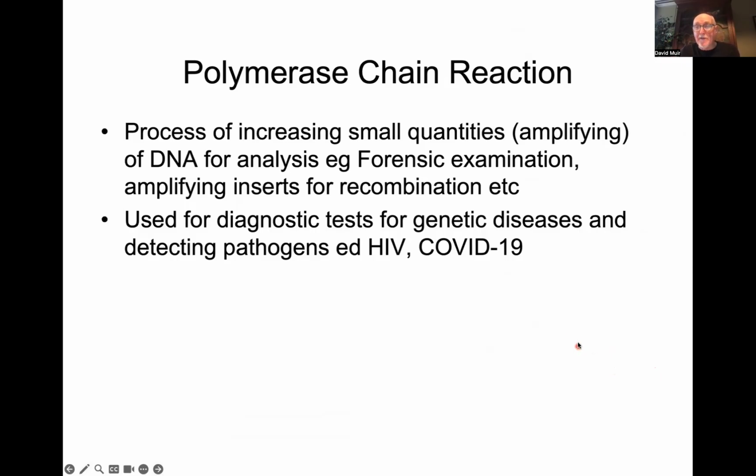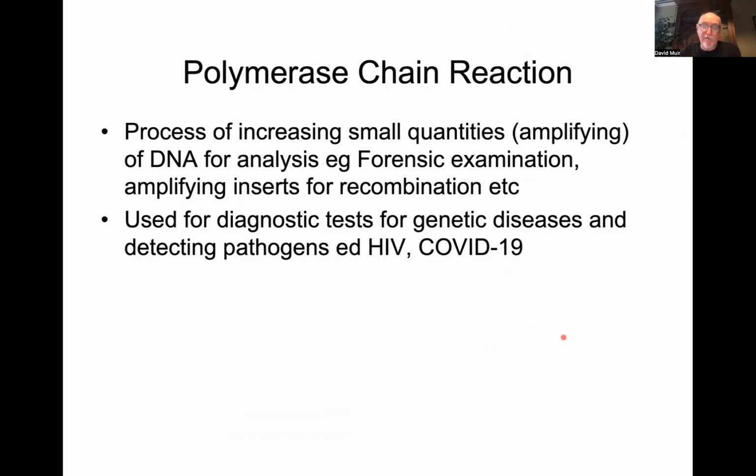It is extremely valuable in bioengineering, but it's also very valuable in forensics, in detecting disease. For example, both COVID, HIV, these are things which polymerase chain reaction is used to examine human body fluids, for example, and see whether there is pathogenic DNA.